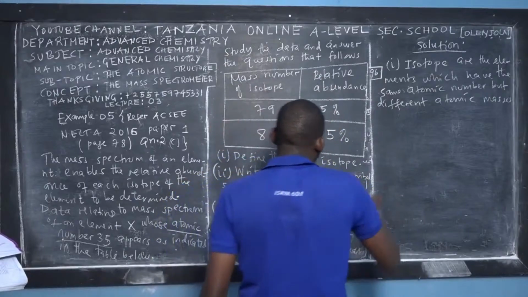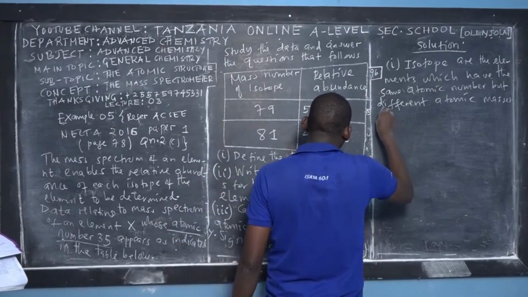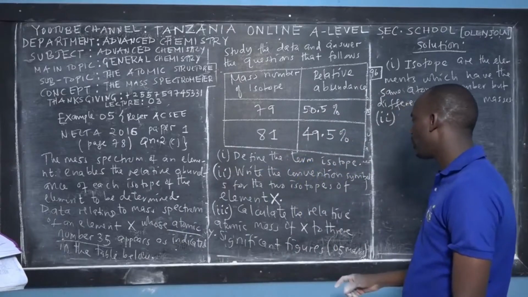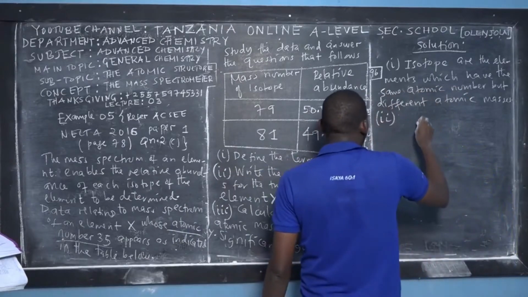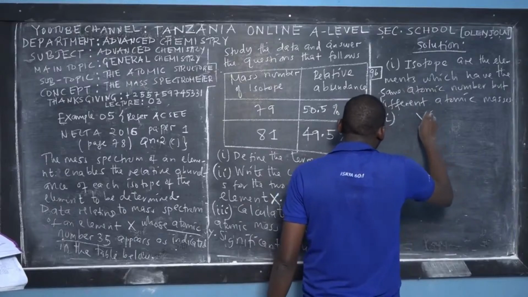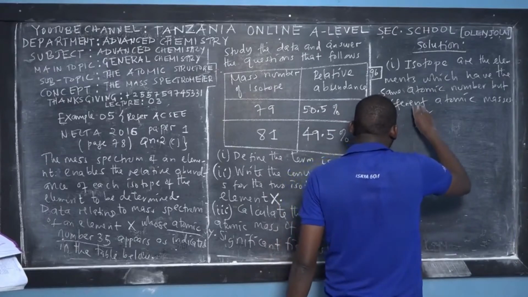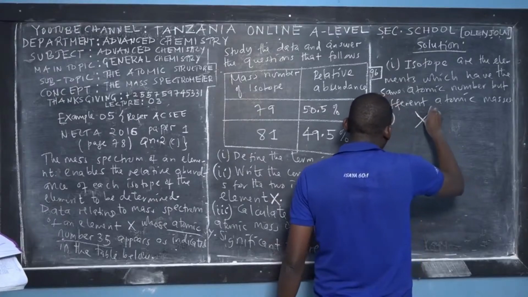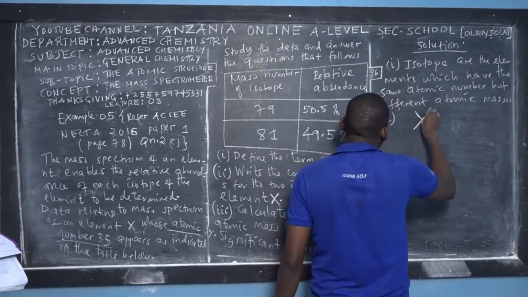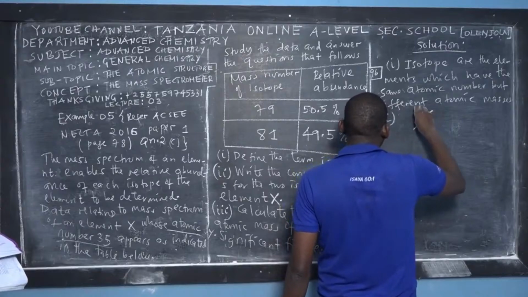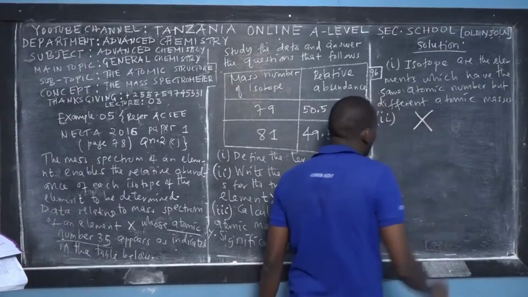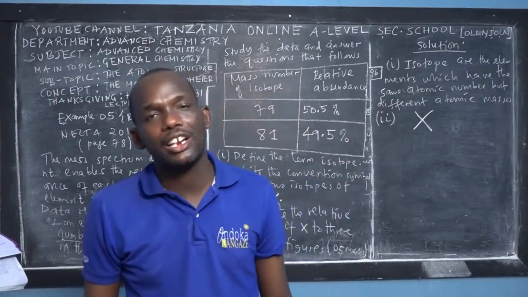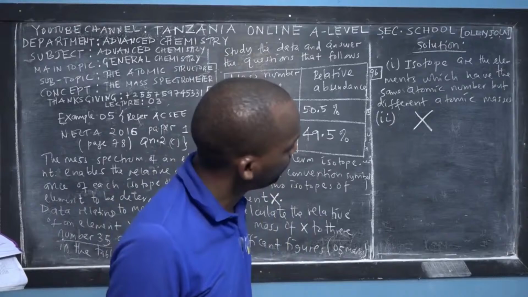So we have to go to Roman 2. Roman 2, I will do it in 2 conditions. Write the conventional symbol for the 2 isotopes. The way we write symbols according to the chemistry of all levels, especially Form 1 and Form 2, we have been learning the concepts of isotopes, atomic mass, and atomic number in the topic known as the atomic structure of Form 2.